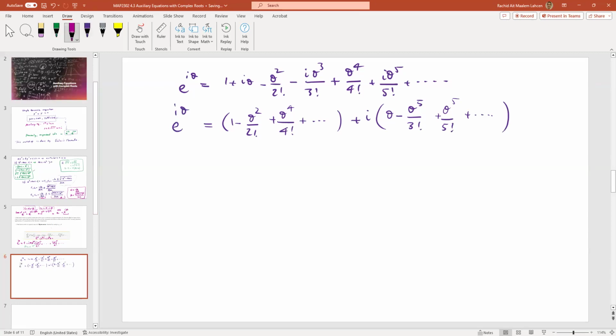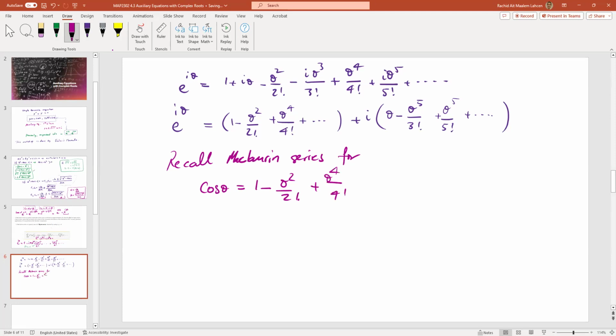If you recall, Maclaurin series, for cosine theta, it's 1 minus theta squared over 2 factorial plus theta to the 4th over 4 factorial.